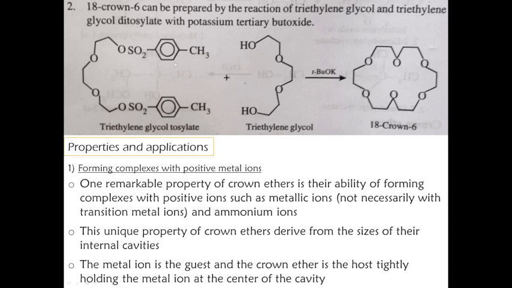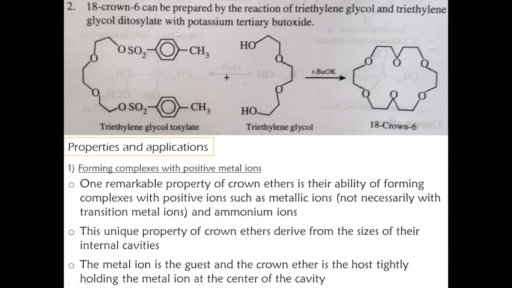ditosylate. If you avoid this part, this compound is exactly the same compound, and instead of hydrogen over here we attach a tosylate group, para-toluene sulfonate, CH3C6H4SO2.